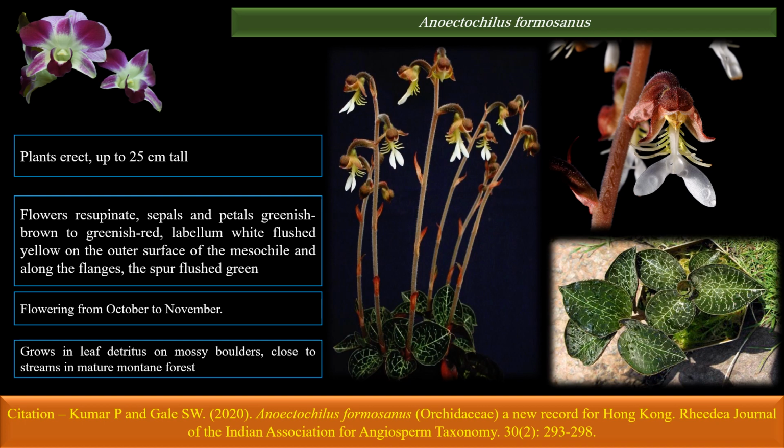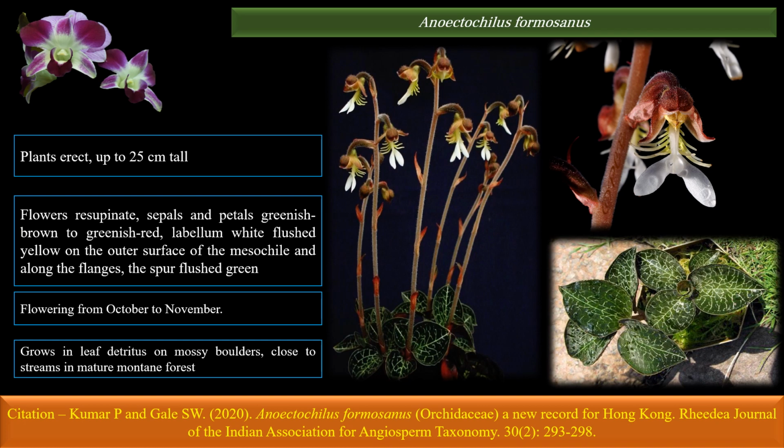As you can see, sepals and petals are sometimes greenish brownish to reddish, and the labellum is white, flushed with yellow on the outer surface of the mesochile and along the flanges, the spur flushed green. So that is the morphology of the flower characters that you can know.